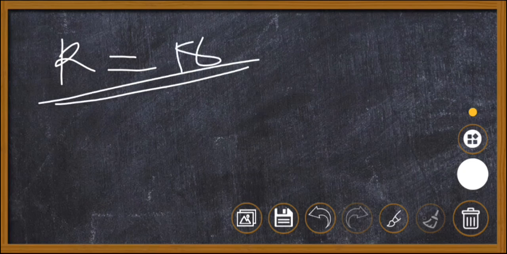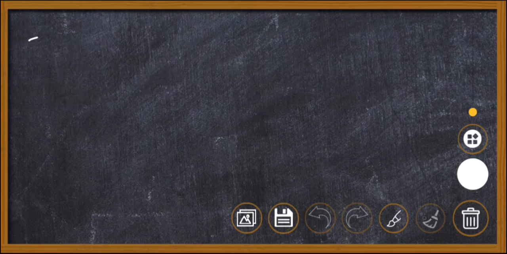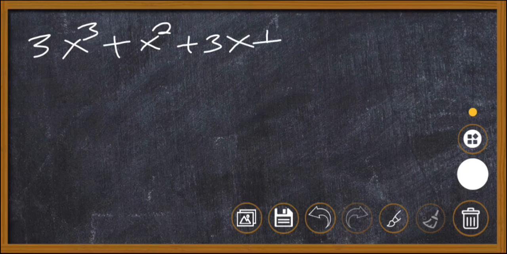So let's look at the second example so that we understand much better. Let's say you have been given 3x raised to power 3, then added to x squared, then plus 3x, then plus 5. Let's say this is divided by x plus 1. How can we use the long division for us to find the remainder of this?